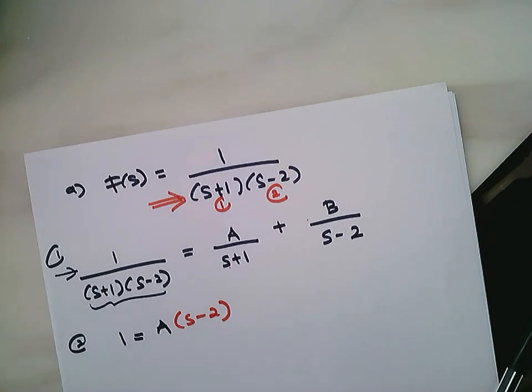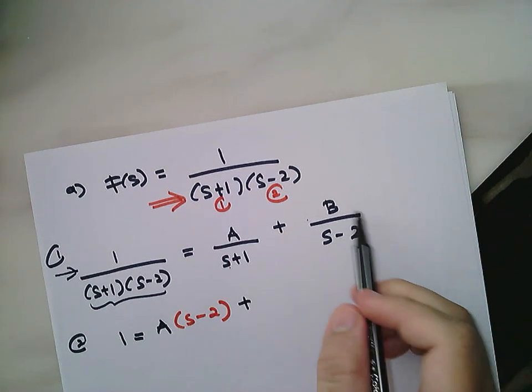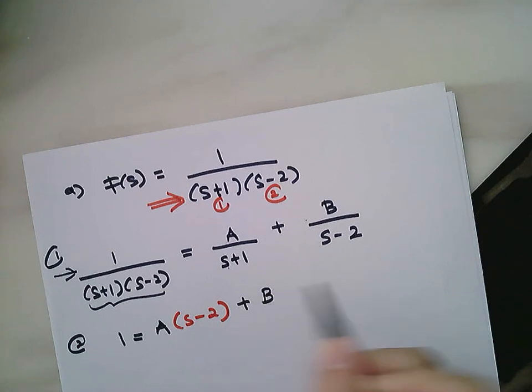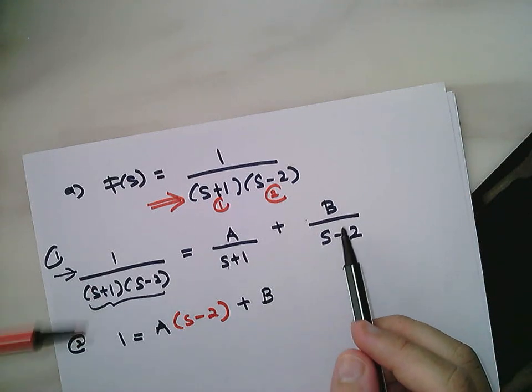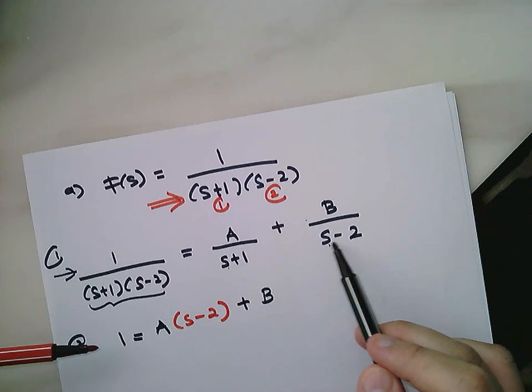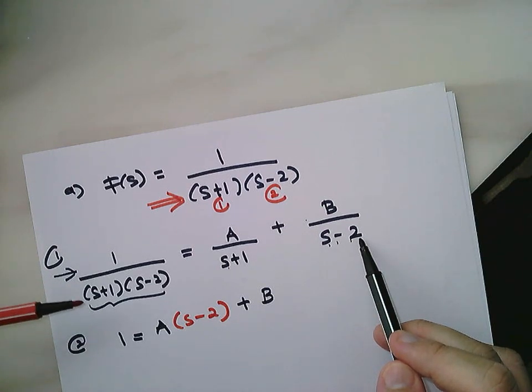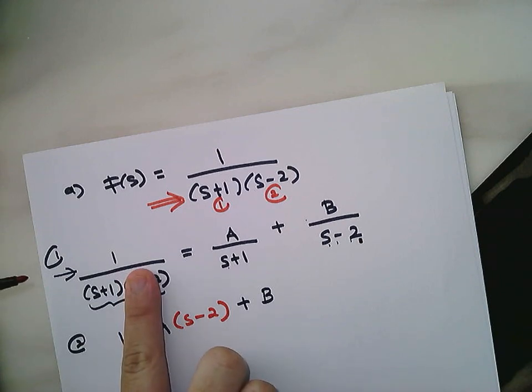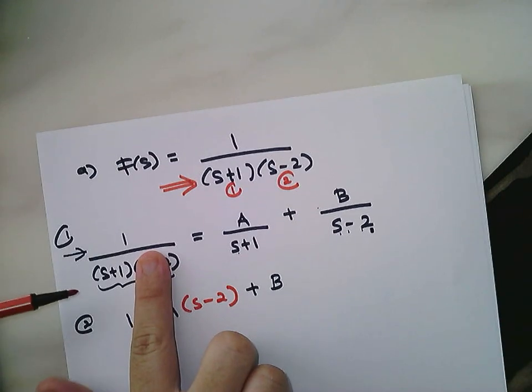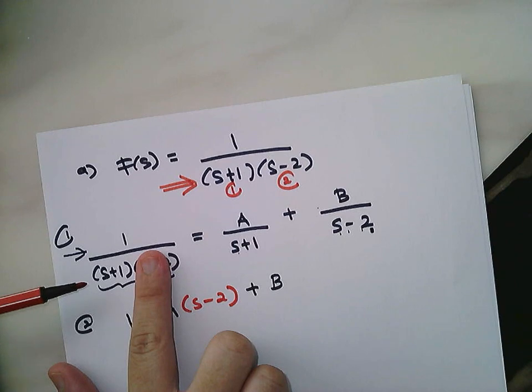Plus, the second one is B. So now you compare the denominator for this function. Now you have s minus 2, so you already have this function. What is missing is s plus 1.